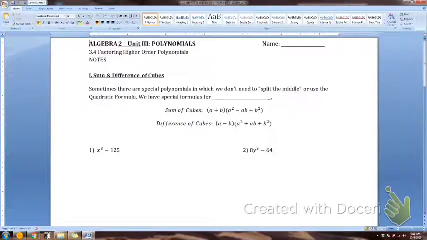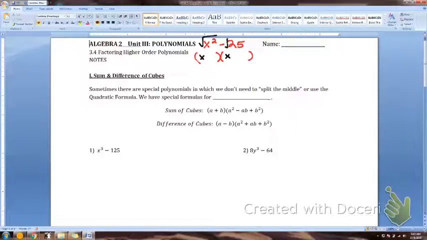Lesson 3.4 deals with factoring again, except we're factoring perfect cubes now. If we recall how to factor a difference of squares, x squared minus 25 gets split into two binomials, an x and an x, because the square root of x squared is x.